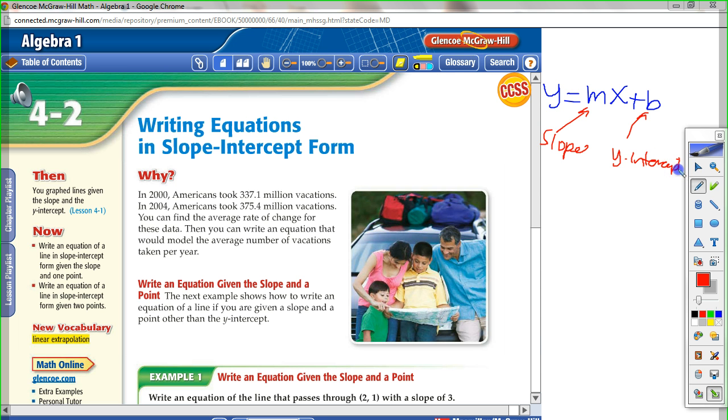Okay. Alright, so today you are going to write equations in this form. It's called slope-intercept form because you have your slope here and your y-intercept here.